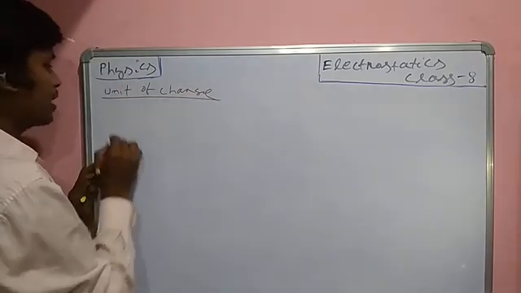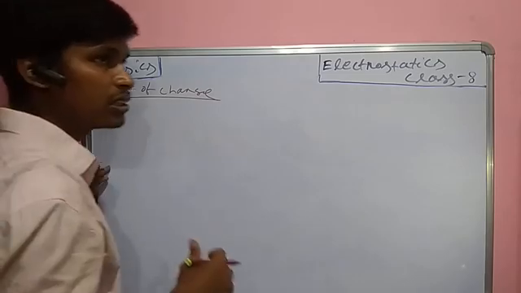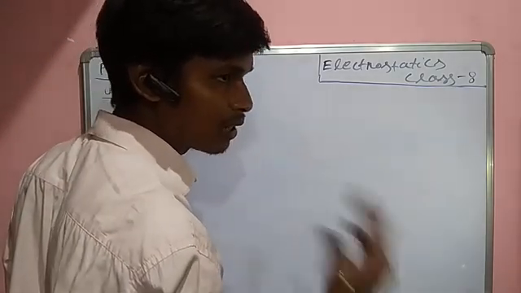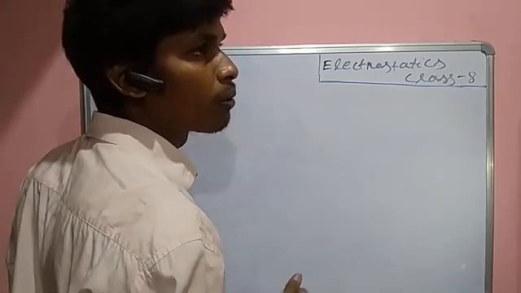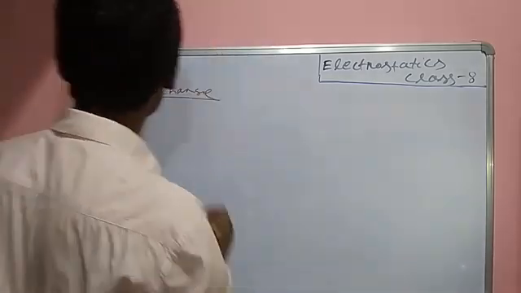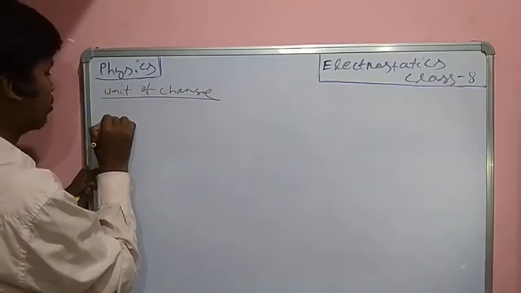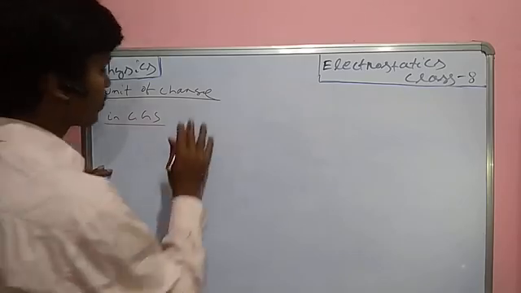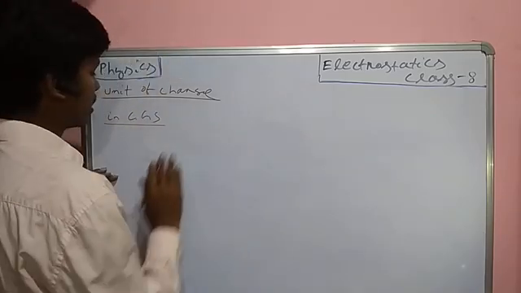We can calculate it in two types of units. One is CGS, another is SI. In CGS there are two types of unit of charge.